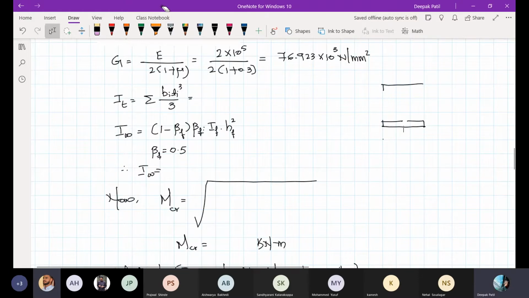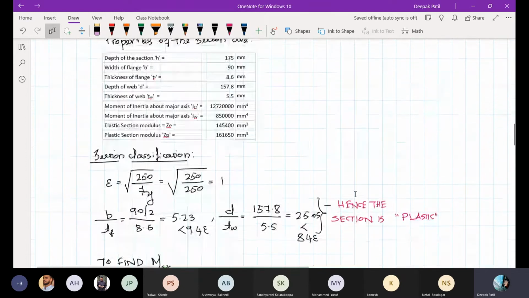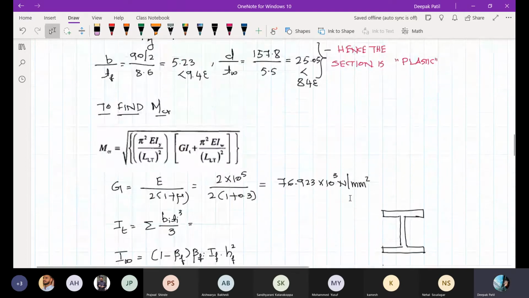Yes, sir. Let me draw that I section. So what is the flange width? It is 90, I mean this width is 90.